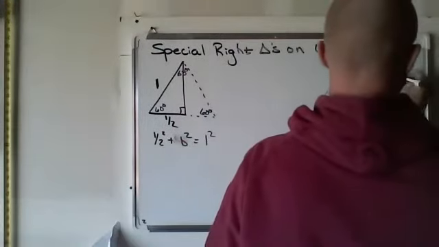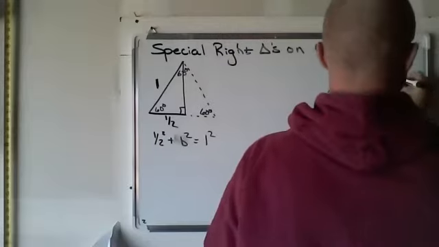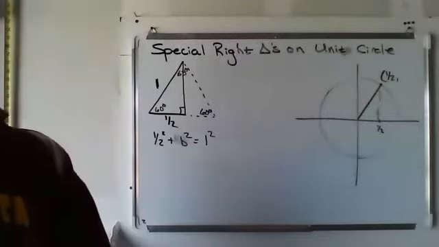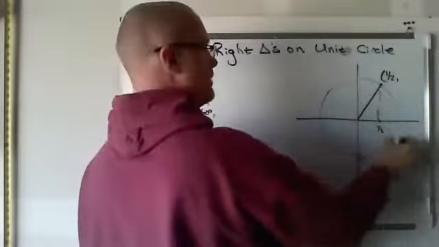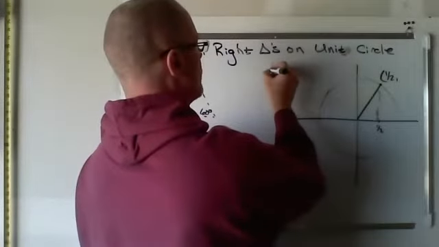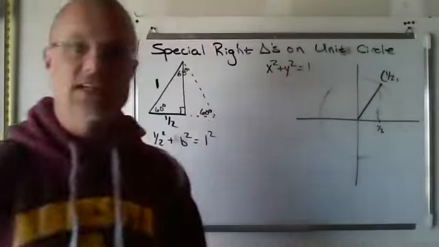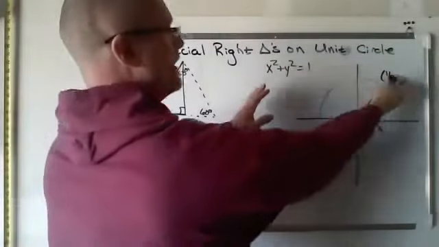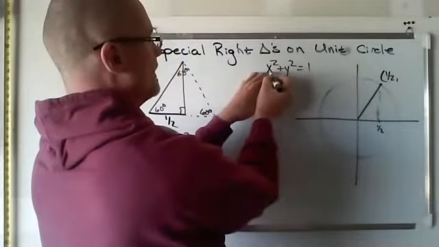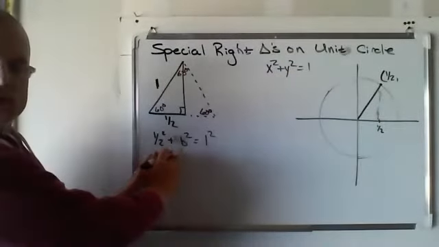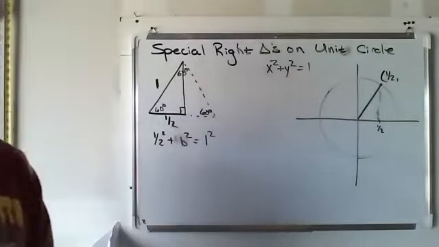That point has an x coordinate of 1/2. And what do we know about all the points on the edge of that circle? We know that x squared plus y squared is equal to 1, because that's the equation of that circle. If I put 1/2 in there, it turns into the same equation. The b is just the y coordinate on that point.